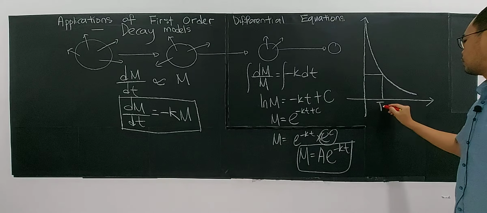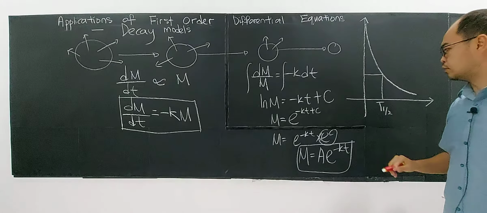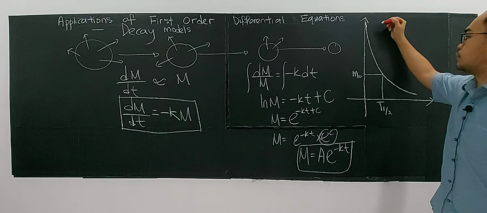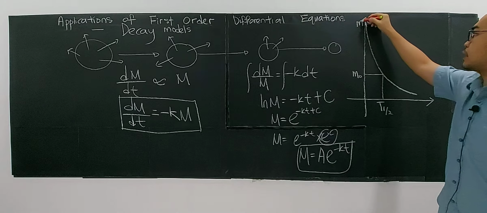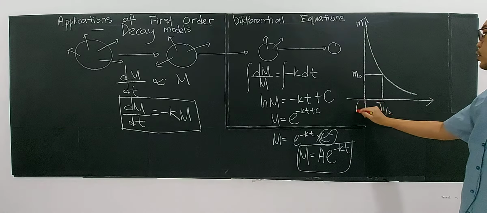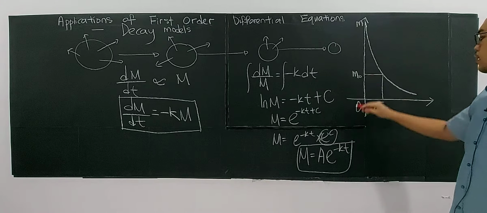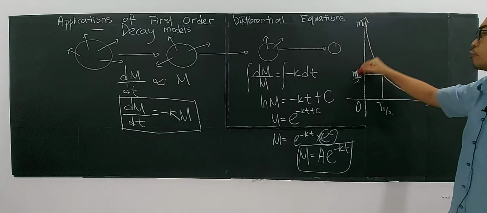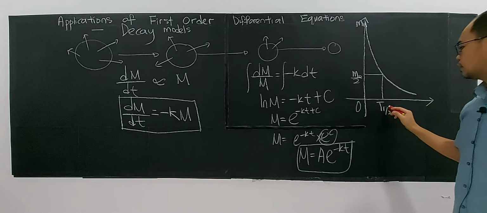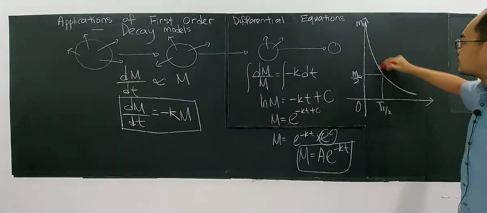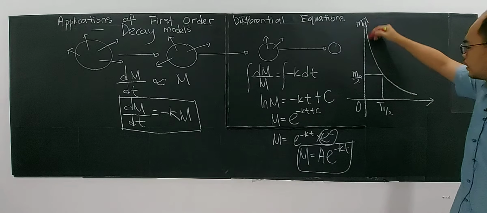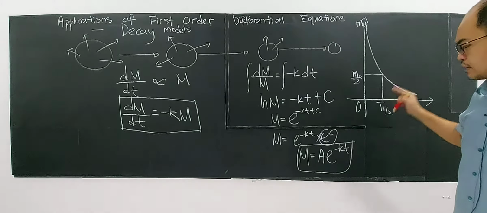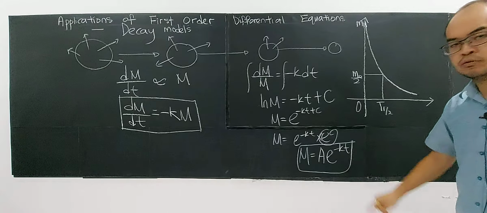There is an initial mass here, and when t is 0, there is a mass. But after some time, the mass turns to be half of the initial mass. This is called the half-life. And this radioactive decay curve is according to this formula.